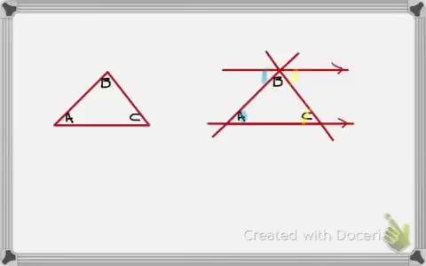C is also equal to that angle up top. So we have A and C up where the blue and the yellow highlighter are. Notice that angle A and angle B and angle C are all along a straight line. So we know that A plus B plus C has to equal 180 degrees.